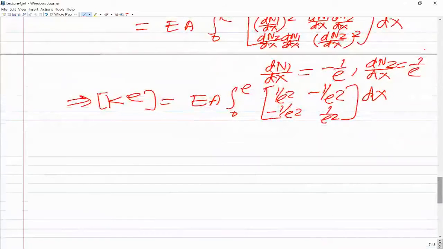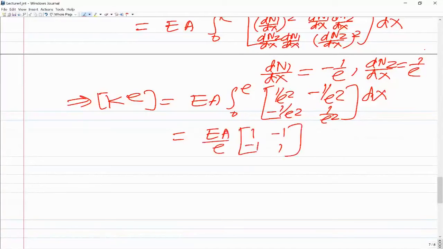Because it is constant, the integration is going to be L. So when you multiply, you can take 1 by L common from all of these. So you can write this as 1, minus 1, minus 1 and 1. So if EA is constant within the element, then the element level stiffness matrix is EA by L times 1, minus 1, minus 1, 1.